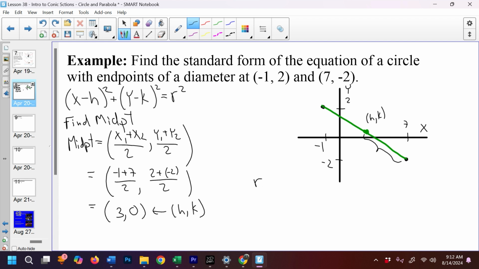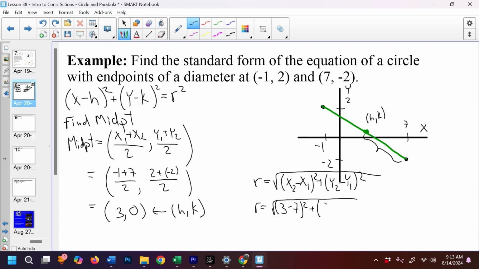So my radius r, I'm just going to use the distance formula, which is the square root of (x2 minus x1) squared plus (y2 minus y1) squared. And since I'm using the center and one of the endpoints, I will go 3 minus 7 squared plus 0 minus -2 squared.